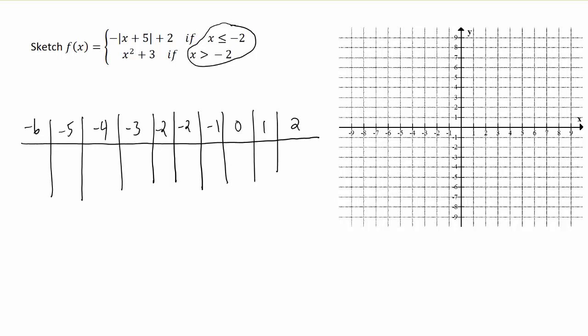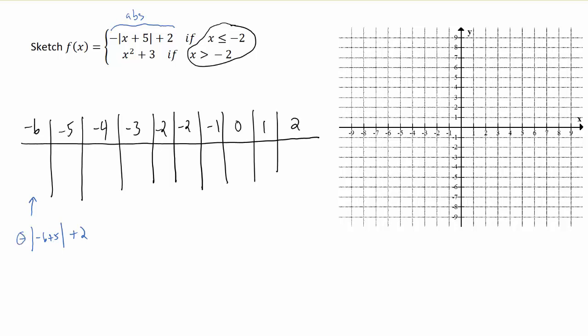Negative absolute. Hey, we have an absolute value function. All right, so let's see. If x equals -6, I'd have the opposite of the absolute value of -6 plus 5, plus 2. -6 plus 5 is -1. The absolute value of that is 1. Change the sign.